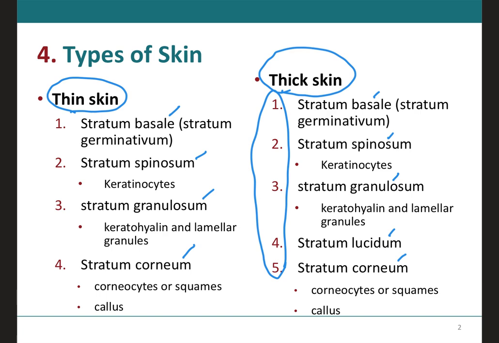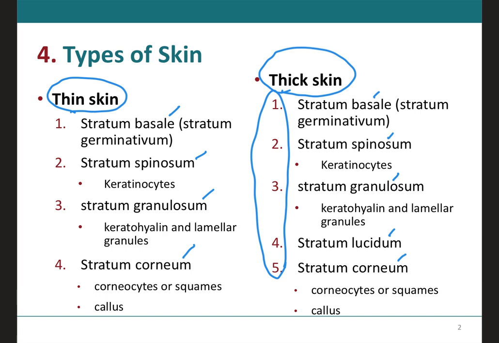The stratum granulosum will contain just keratinocytes that contain the protein keratohyalin, which will convert the keratin filaments into keratin, and also the laminar granules, which will release this lipid-rich substance, which will serve as this water-repellent secretion. And then we have the corneum, which is made of corneocytes, which are the mature keratinocytes filled with keratin.